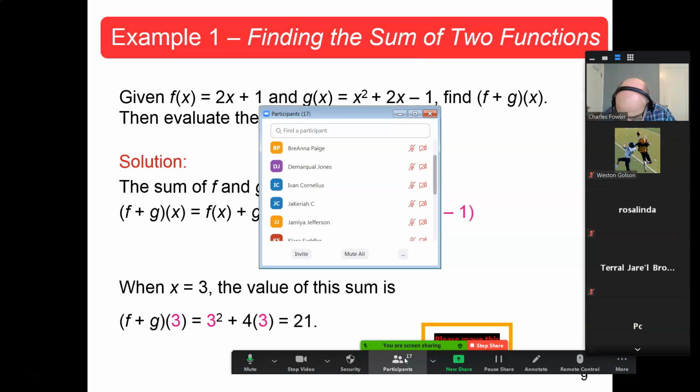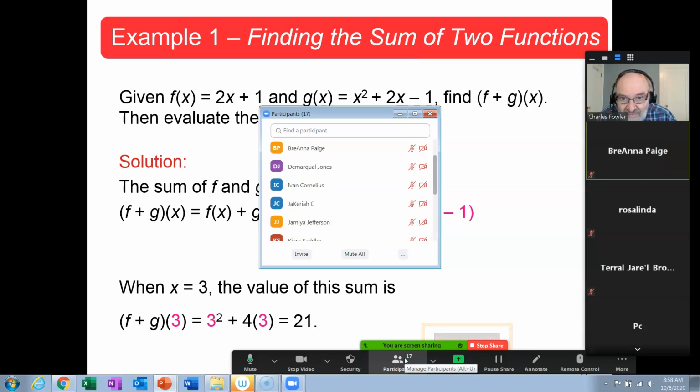Okay, I've got Brianna. Yes, I've got Brianna here. I've got D here. Yep. I've got Ashford here. Yep. I've got Ivan here. Got it? I've got Jakiria here. Got it? I've got Jemiah here.